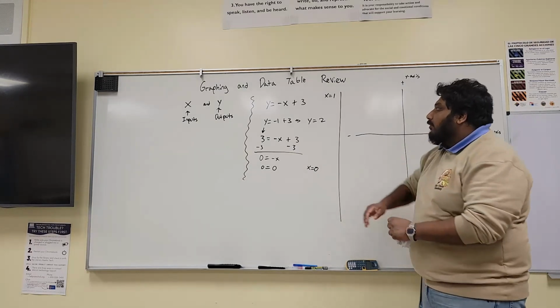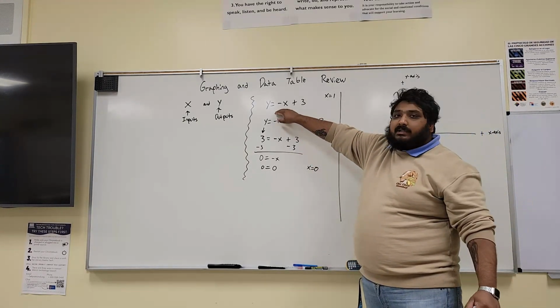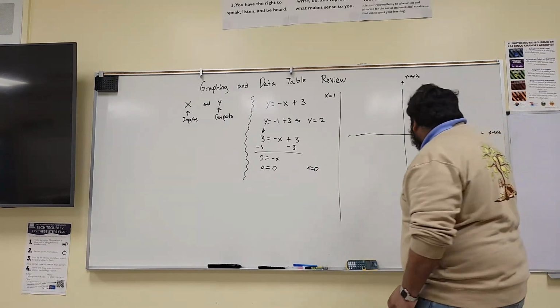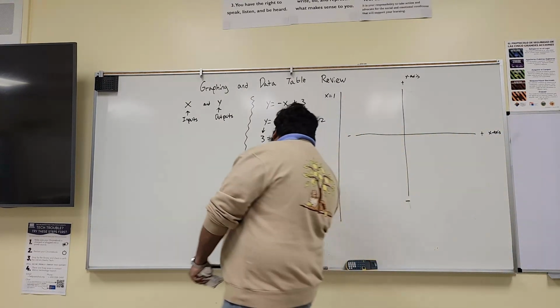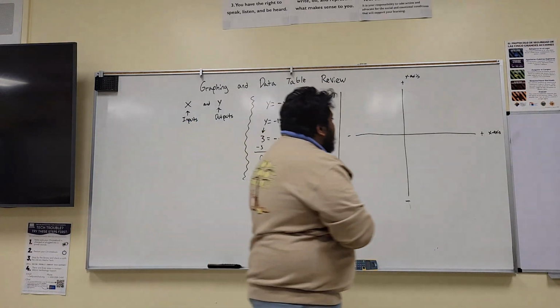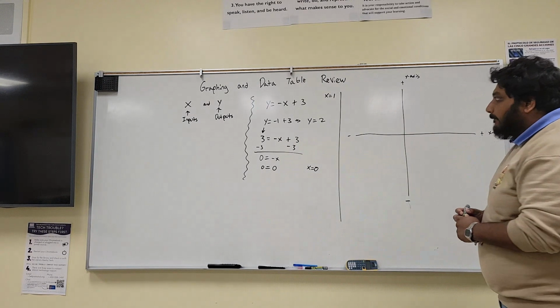If we have our equation where y is equal to negative x plus 3, we are missing two values. We don't know what x is, we don't know what y is. So we can't really put anything over here.